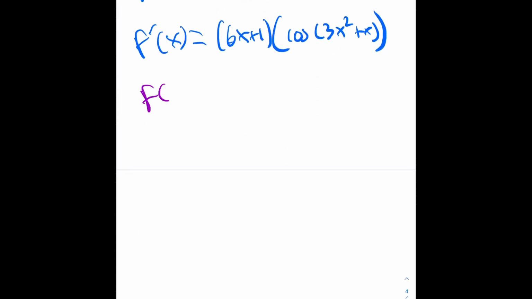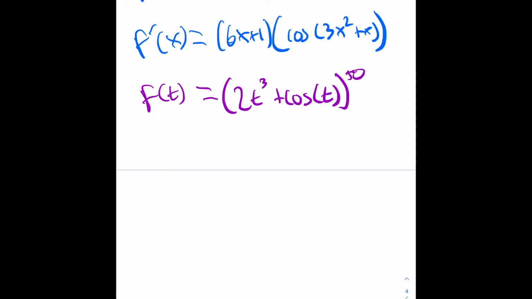All right, let's take the function 2t to the third plus cosine t, to the 50th power. I'm going to start by using the power rule, which brings everything out front. So I'm going to use 50. I'm going to keep the inside exactly the same.